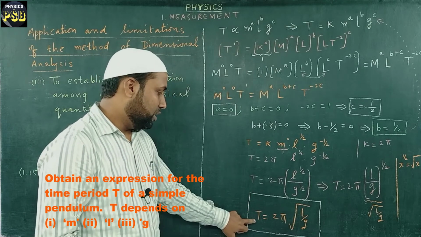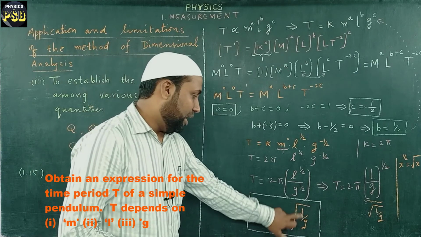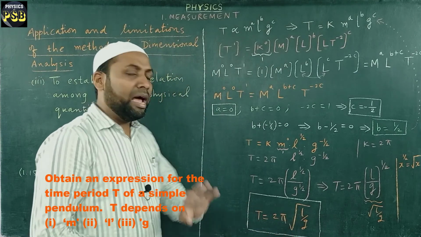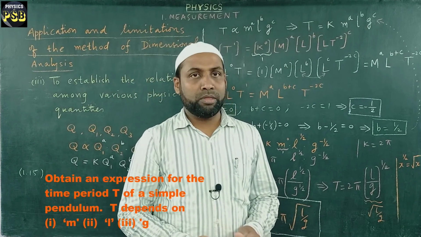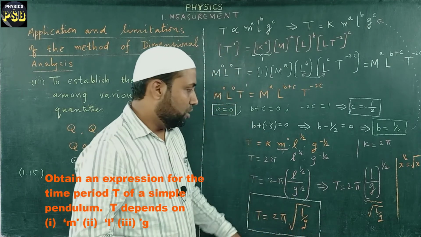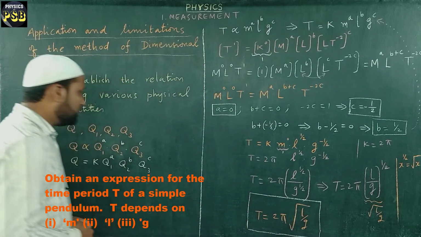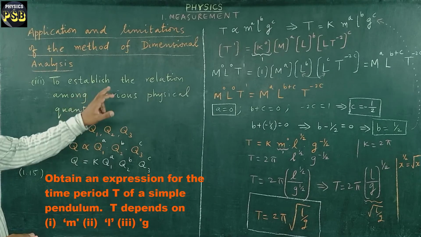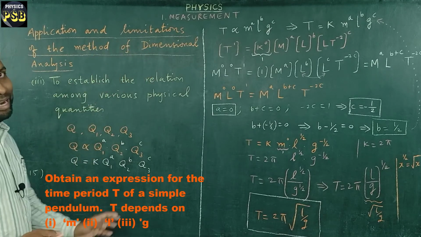This shows that the time period of a simple pendulum depends on length and acceleration due to gravity, and it is independent of mass of the block. I hope you have understood. This is how one can easily establish the relation among different physical quantities using the method of dimensional analysis.